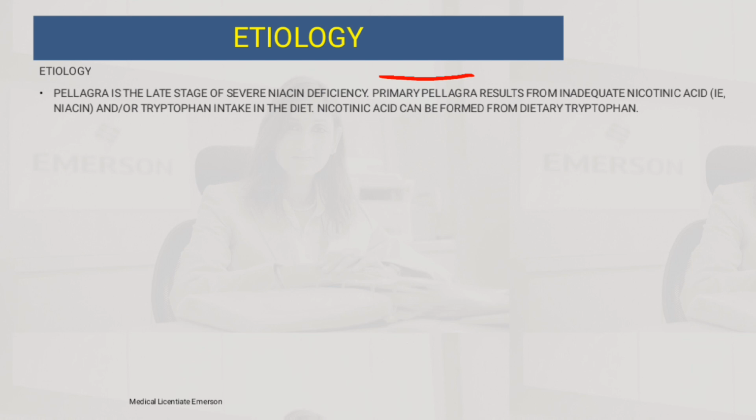Nicotinic acid can be formed from dietary tryptophan. So that's the primary, meaning there is no infection causing someone to have Pellagra.